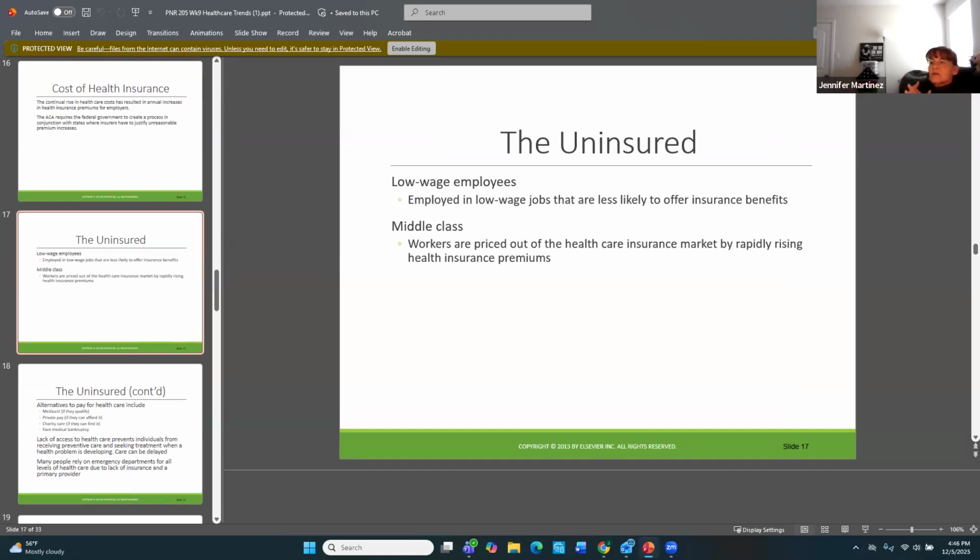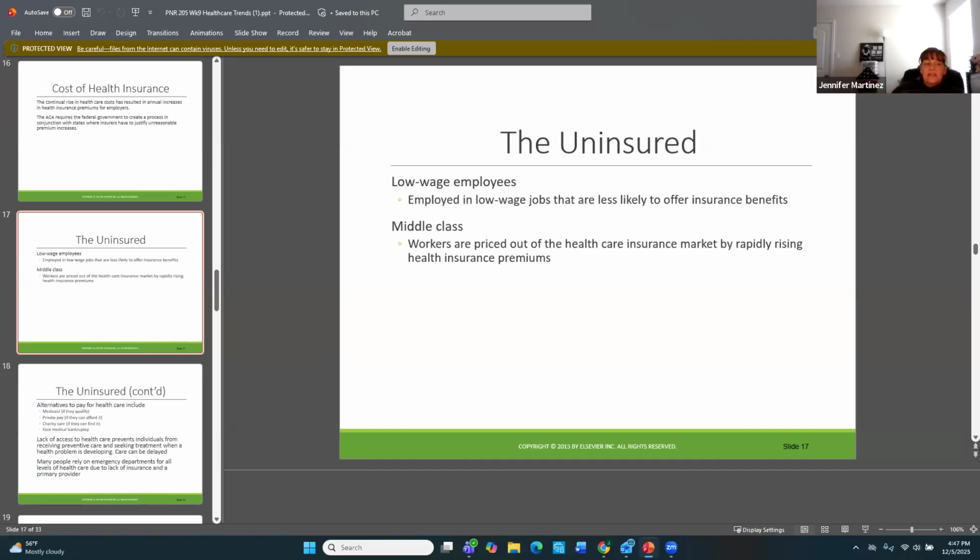So again, we still have a large percentage of people here in the United States that do not have health insurance or affordable health care. The uninsured often include our low wage employees. Low wage jobs are less likely to offer insurance benefits.